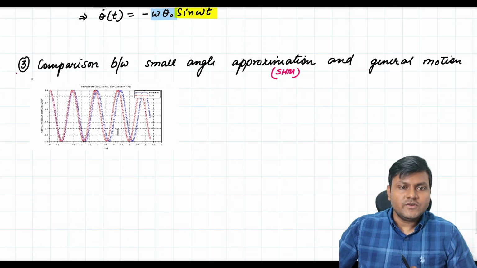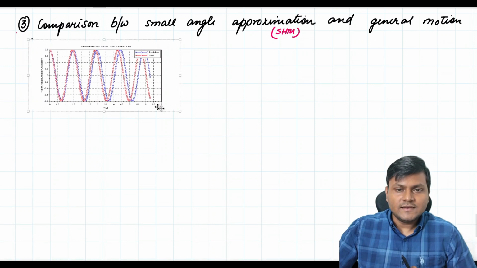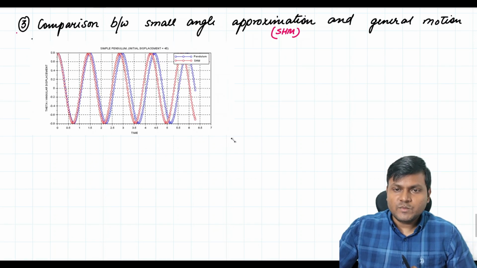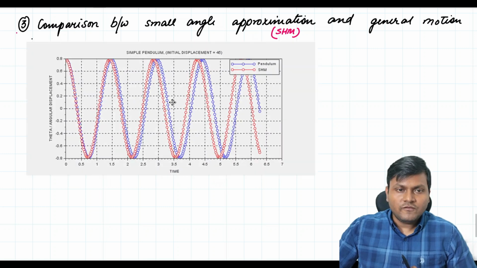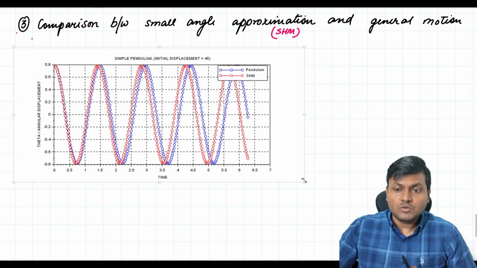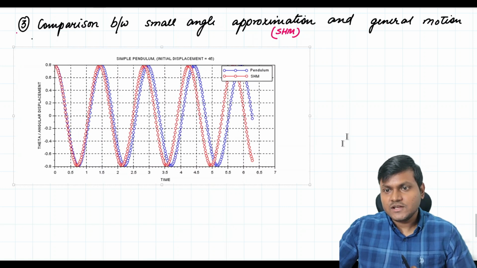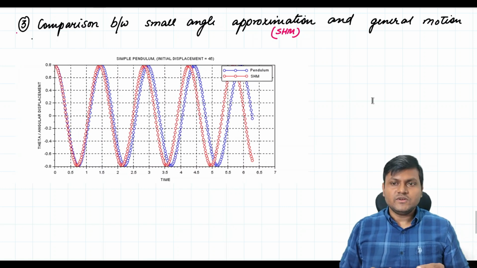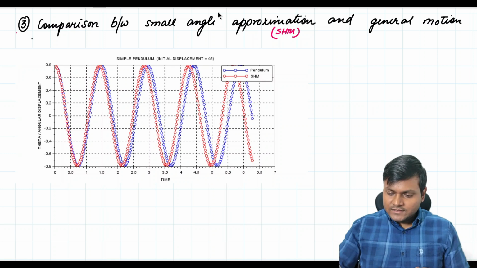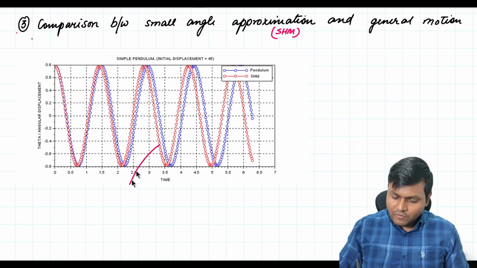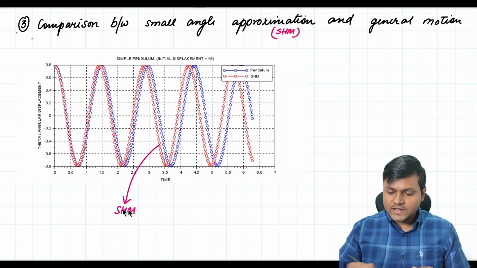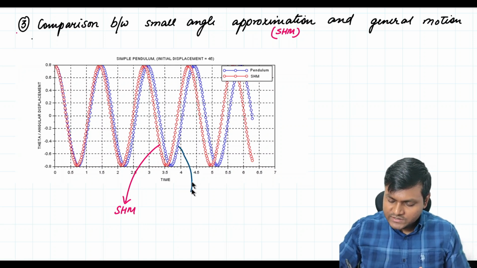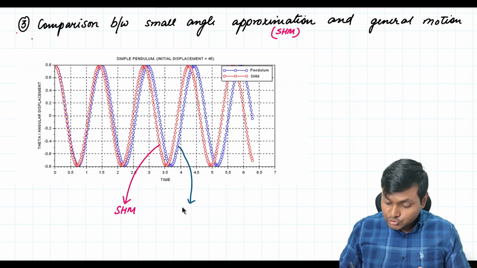So this is quite interesting. If we make a comparison between the solution of the simple pendulum for small angle approximations with that of the solution of the equation without small angle approximation, we come up with something really interesting. The red line here is, of course, as I told you, the SHM motion, which is a sinusoidal motion, and the blue line here represents the actual motion of the pendulum, right?